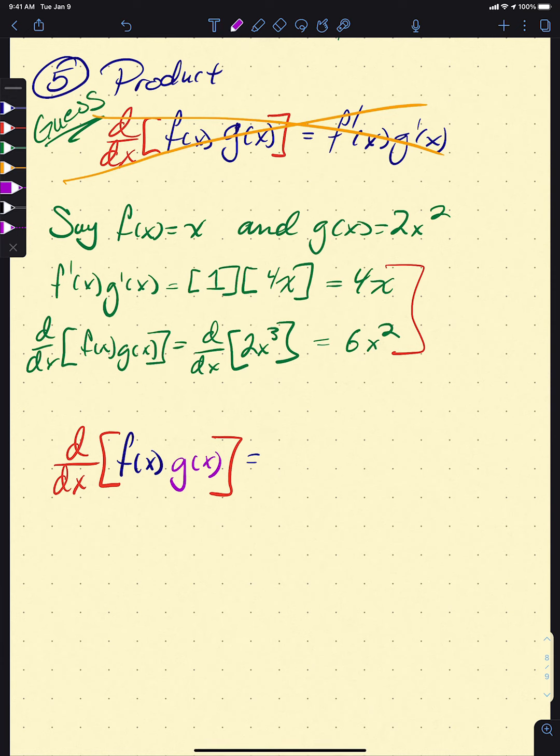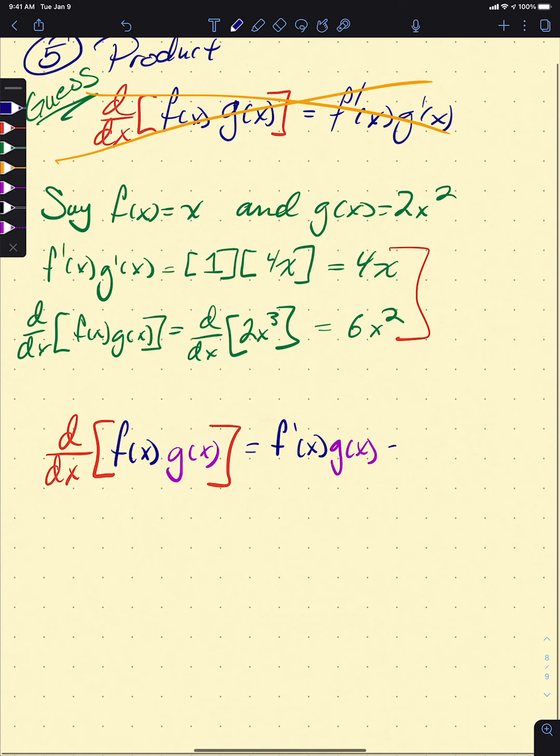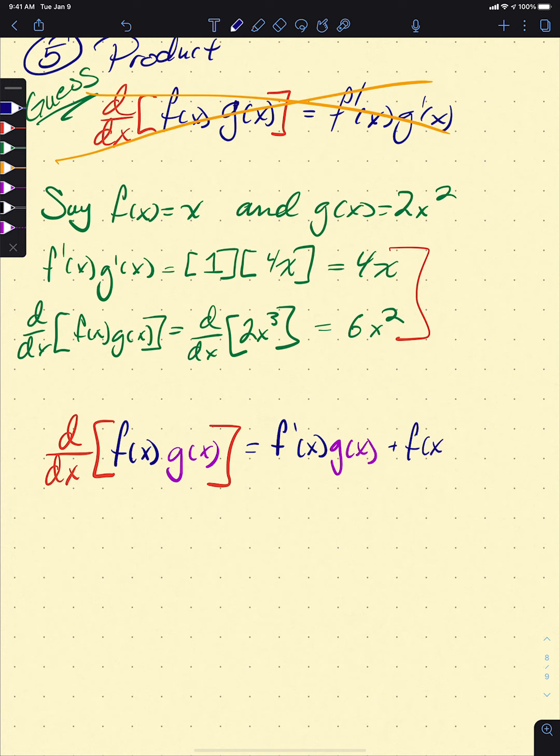When you take the derivative of f(x) times g(x), here's what you get: f prime of x times g of x without a derivative, plus f(x) times g prime of x.